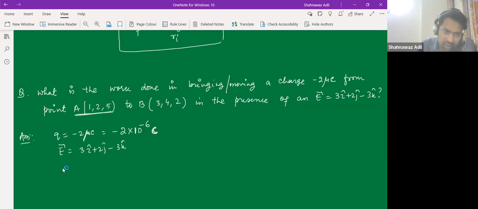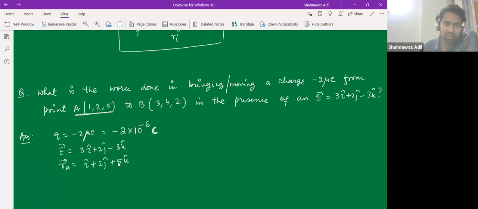What would be the position vector of A? That would be i hat plus 2j hat plus 5k hat.